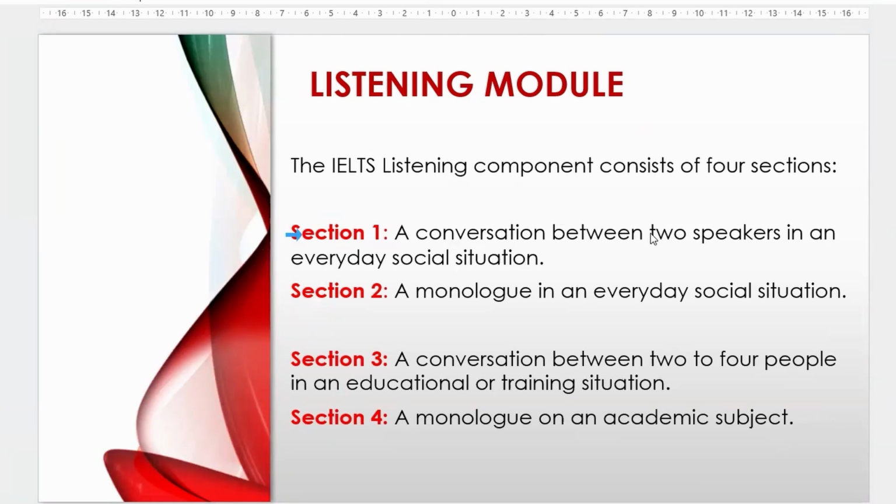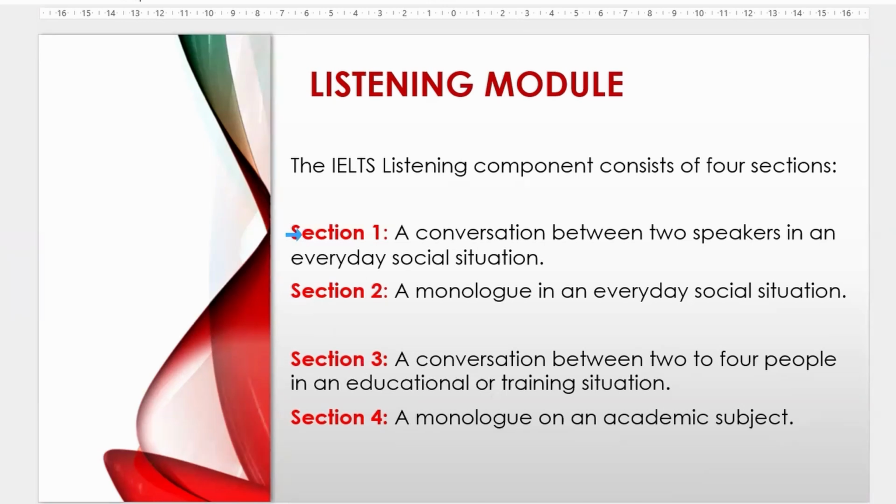Section 1 and section 3 will be a kind of conversation between 2 to 4 people. At the same time, section 2 and section 4 will be a monologue, or a one-way discussion, or a kind of speech. Each section contains 10 questions. Altogether, it becomes 40 questions.